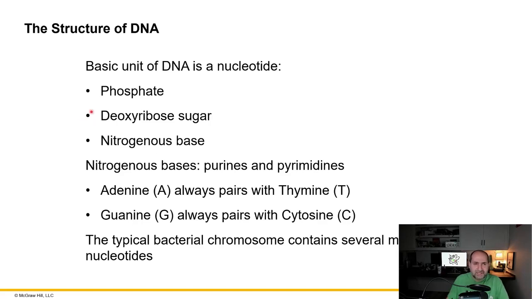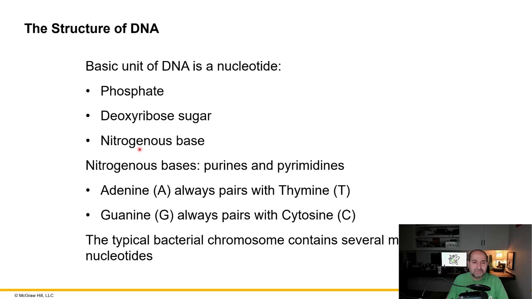Again, in DNA, we have phosphate group, deoxyribose sugar, nitrogenous base. These three components make up the nucleotide of a DNA molecule. And if you've ever heard of the genetic code, you may have heard that the genetic code is made up of A's, G's, T's, and C's. Well, that has to do with the nitrogenous bases of the DNA molecule.